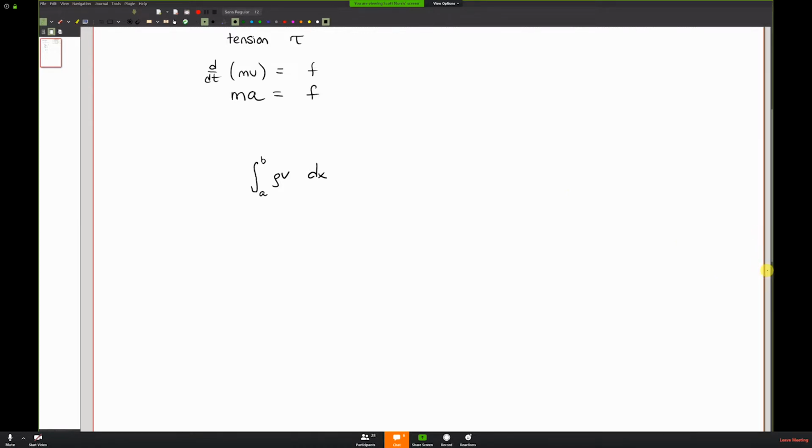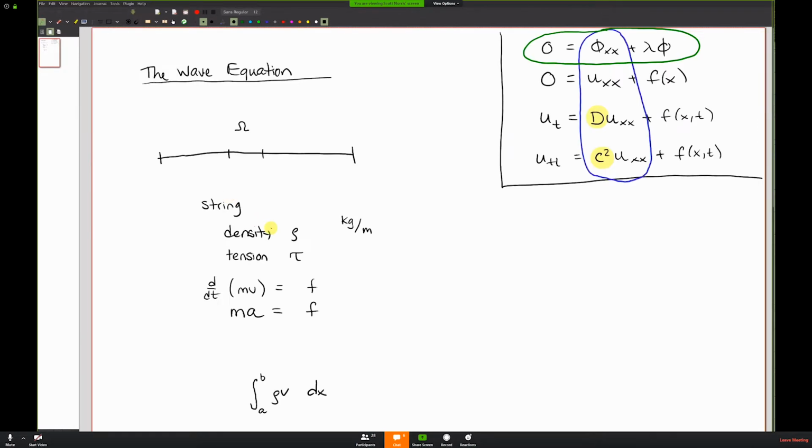We're going to be interested only in the vertical displacement of this wire, which we're going to call h of x and t. All right, so here's the x-axis. Z, we're going to say this is Z equals h of x and t, the displacement of the wire.